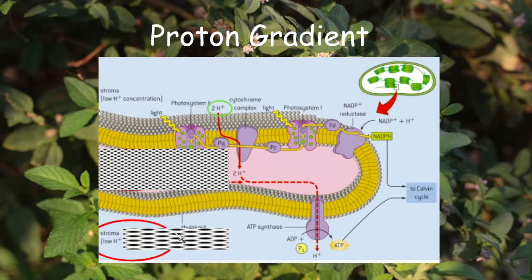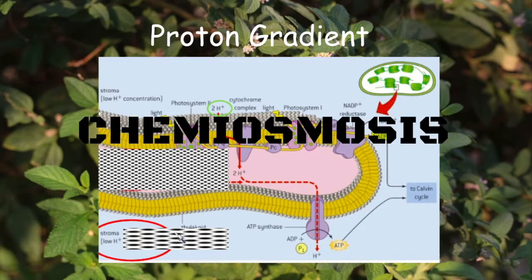The protons move from the high area inside the thylakoid space to the area of low concentration outside, so eventually the inside is going to move to the outside. And then the energy is going to be released by the protons passing through, and that's going to make our ATP, baby. This is also called chemiosmosis because it's where protons move through a membrane.